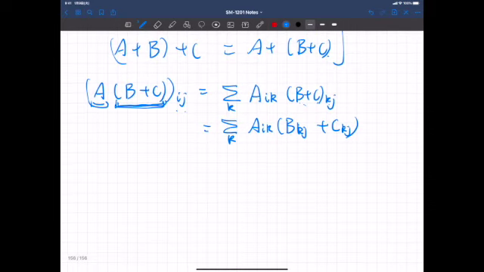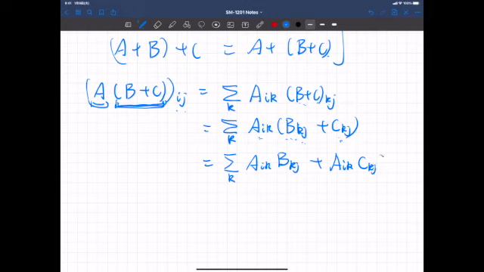But this is just addition of real numbers, and this is just multiplication of real numbers. So we can apply the distributive law of real numbers to find a_ik times b_kj plus a_ik times c_kj.